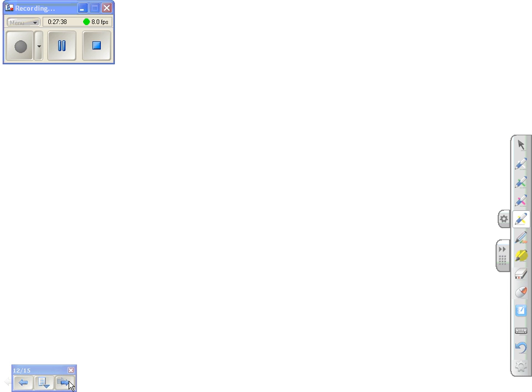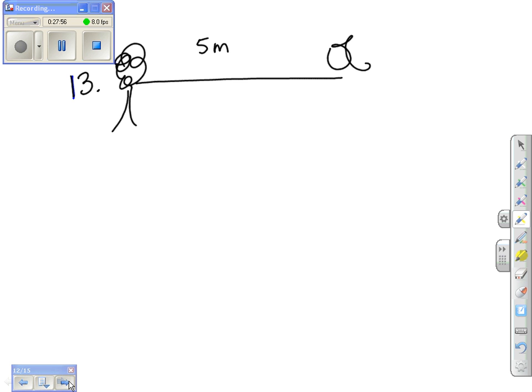And finally, number 13. Let's talk about number 13. Number 13 is a very fun problem because it's talking about a wire that is 5 meters long and it's strung between two trees, tree 1 and tree 2.